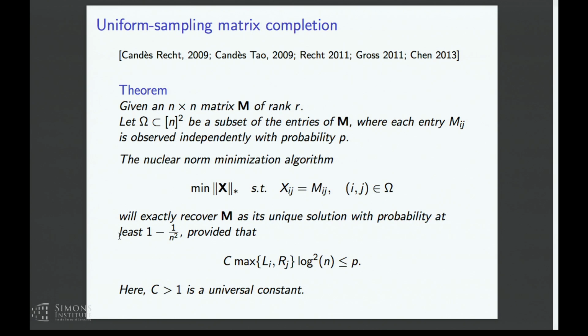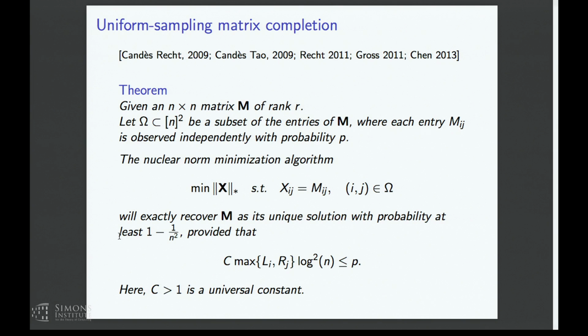Given an n by n matrix M of rank R, if we reveal entries of the matrix in a very oblivious random fashion, where each entry is observed independently with a probability P, and we consider, for example, the nuclear norm minimization problem, which is a semi-definite optimization problem, the relaxation of finding the matrix of minimal rank agreeing with the measurements, this will exactly recover or complete the underlying matrix with high probability, provided that P, the probability that we sample any given entry, is greater than or equal to the maximum among all of the leverage scores of the matrix times a universal constant times log squared n.